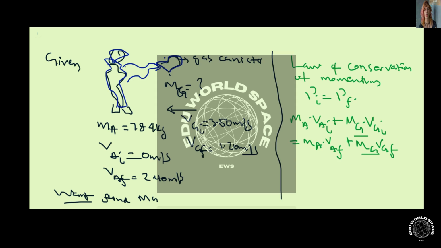So we're going to move things around, and you get to see that we put all the information with the gas canister on one side of the equation. When you switch that, this one becomes a minus because it moves to the other side.